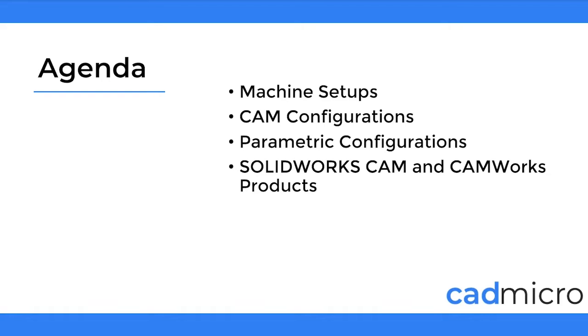What we are able to do inside of SOLIDWORKS CAM and CAMWorks is program multiple different machines in one file. So one CAM file, one SOLIDWORKS file, it's all combined together. And we are able to create different setups in order to create programs for different machines.